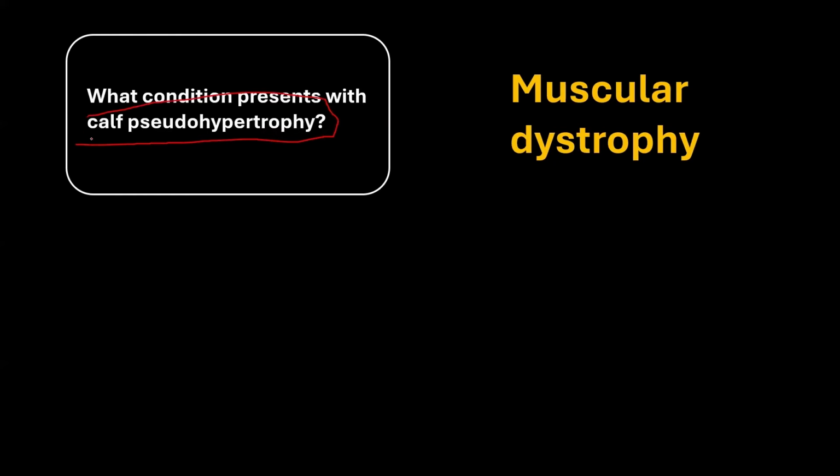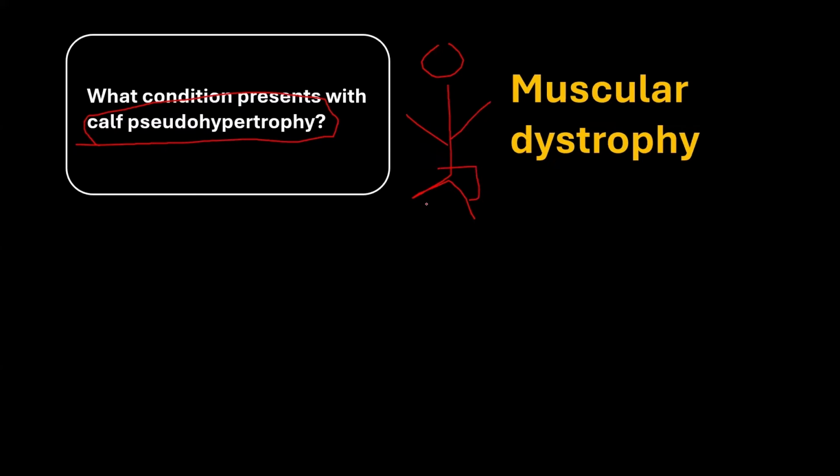Where is the muscle weakness in Duchenne's muscular dystrophy? Is it more proximal or distal? So the muscle weakness is actually more proximal.